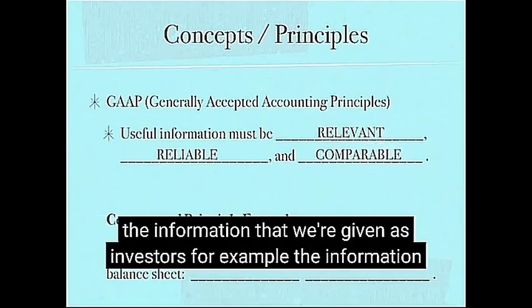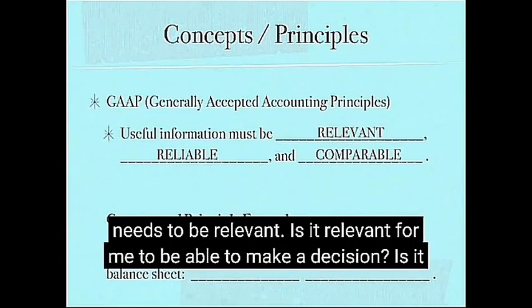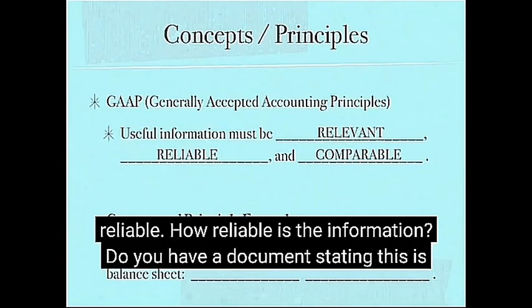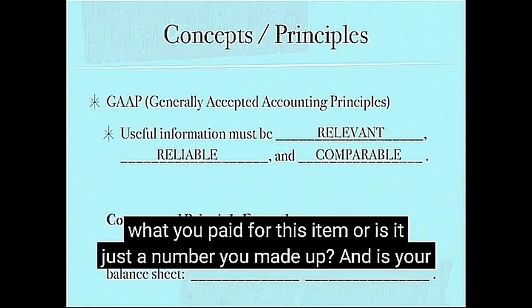So the information that we are given as investors, for example, needs to be relevant. Is it relevant for me to be able to make a decision? Is it reliable information? And again we'll be talking about these in more detail. How reliable is the information? Do you have a document stating what you paid for this item, or is it just a number you made up?